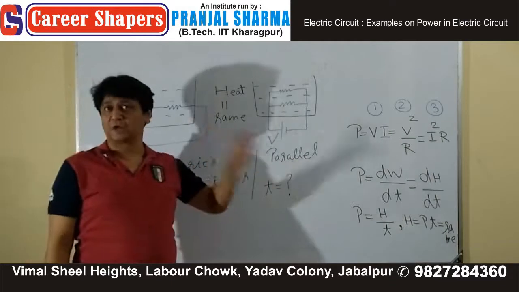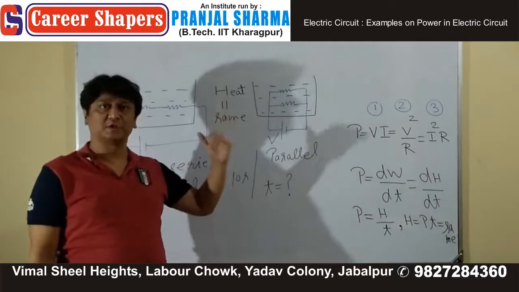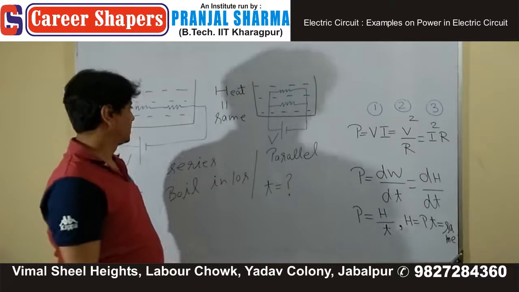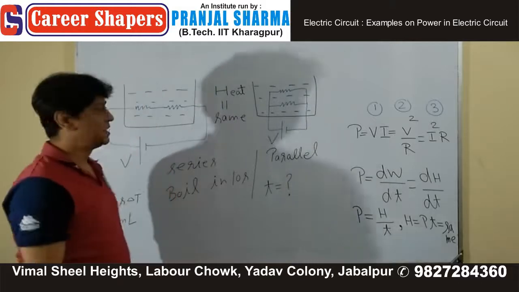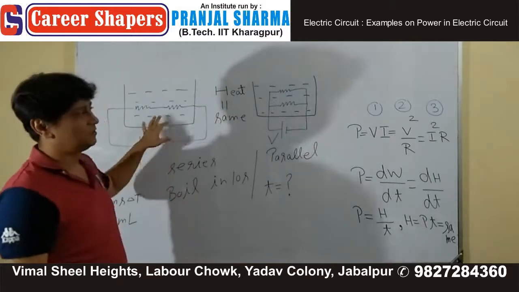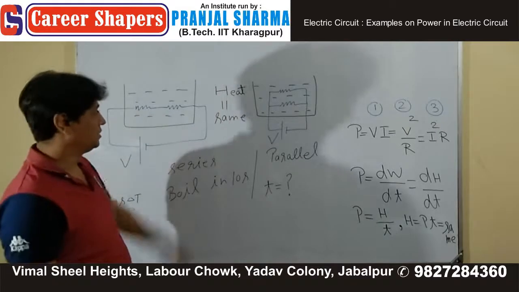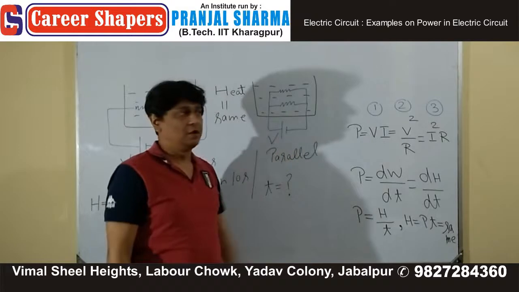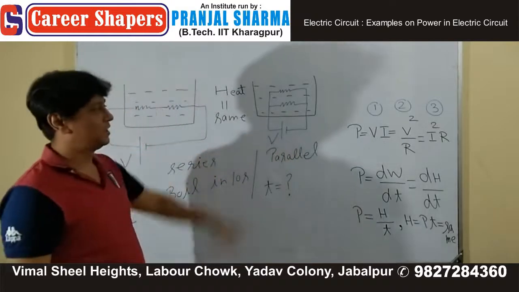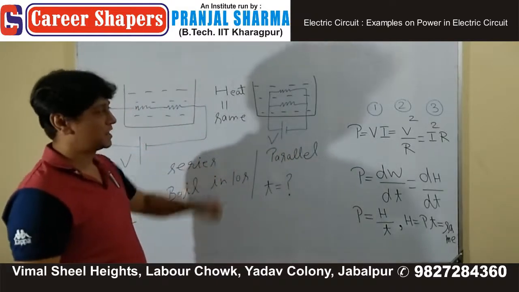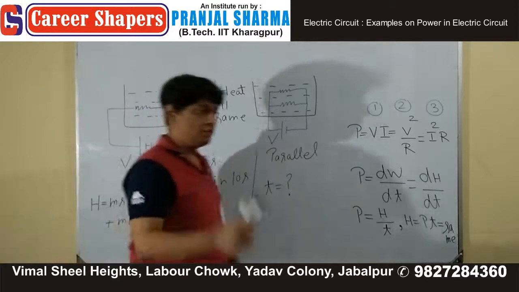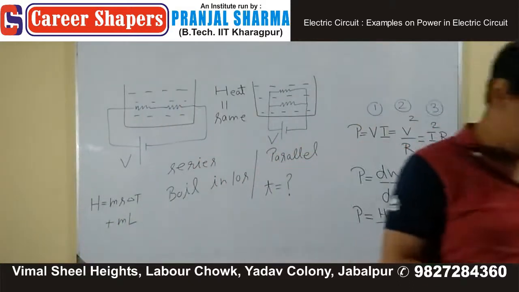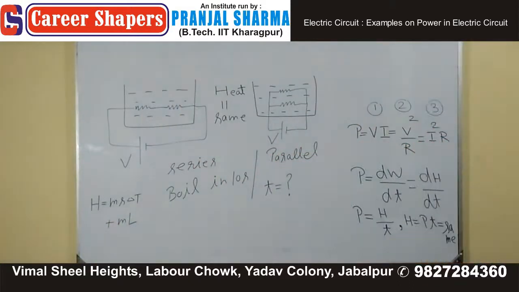Let me tell you this, you can answer with the help of all three, but what is that which you should prefer? You can answer like this: for series, first, second, third; for parallel, first, second, third; or for both first, for both second, for both third. What do you think? Let me see. What is your observation?